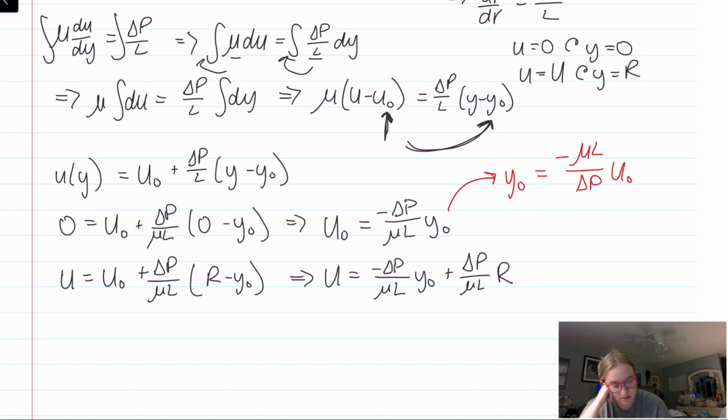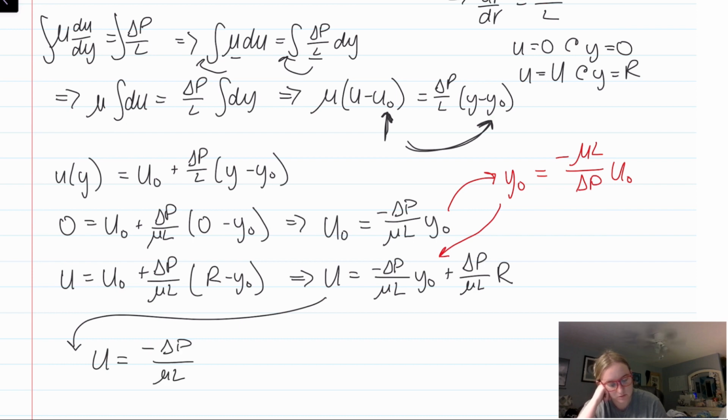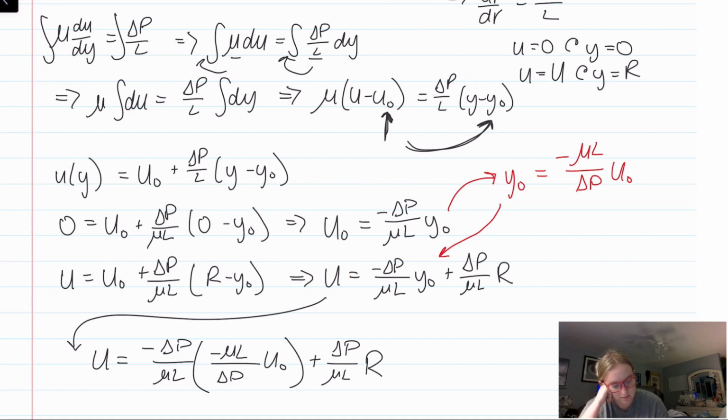And then substituting this into our second equation here, we would get that, bring this down here, u is equal to negative delta p mu L times negative mu L over delta p u naught, which is what we got for y naught, plus delta p over mu L times r, which then would just simplify down, because those cancel out, and well, all of that cancels out.